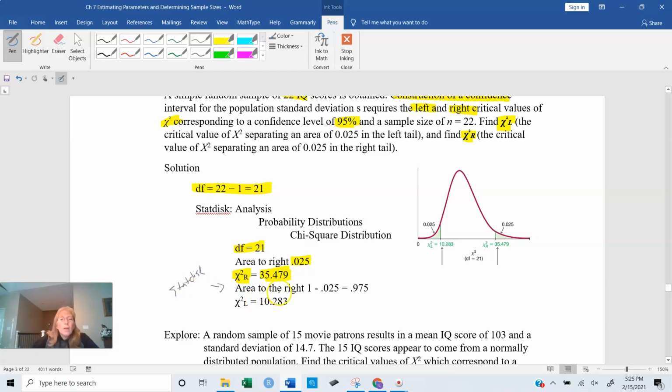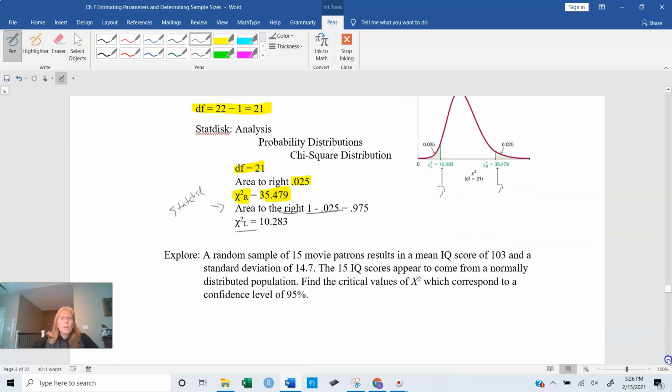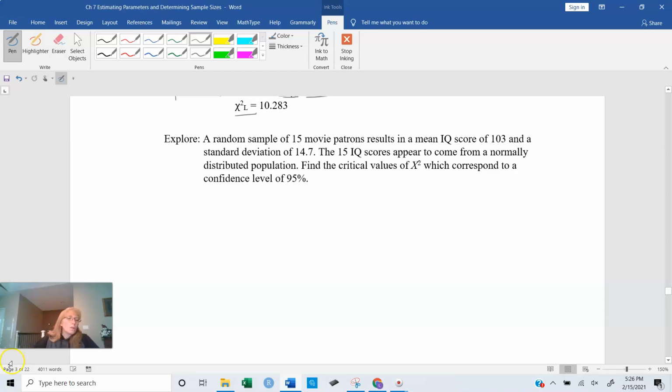So even though it says area to the right, we are finding the left because we were taking 1 minus the 0.025. So when we take 1 minus 0.025, we get 0.975, which gives us 10.283. So here's our left, here is our right. Okay, I hope you've done well. Now, I want you to pause and do yours.